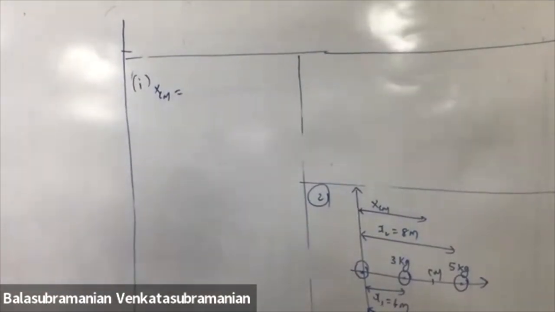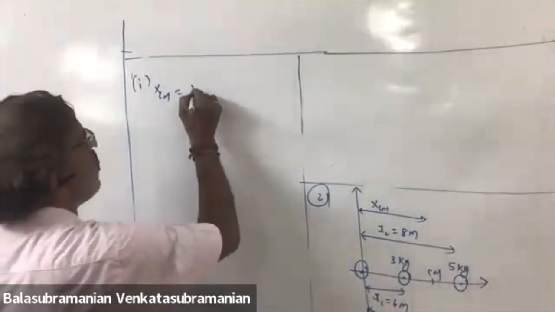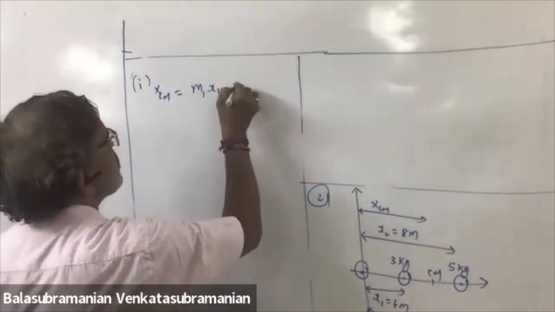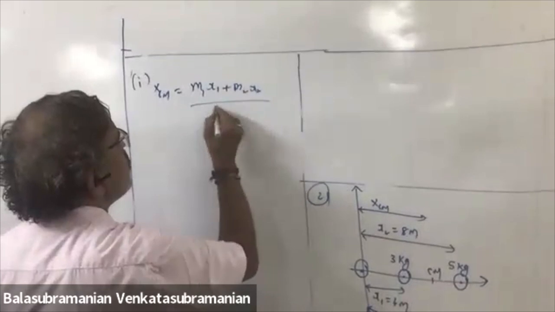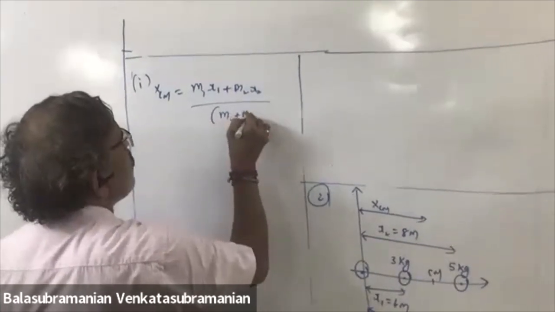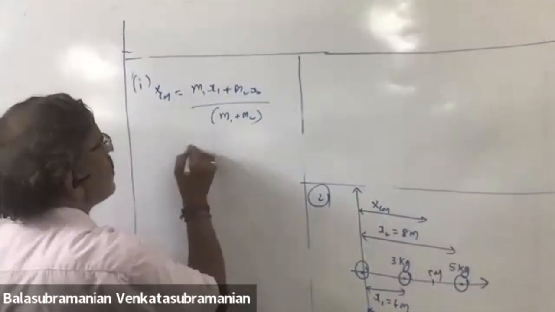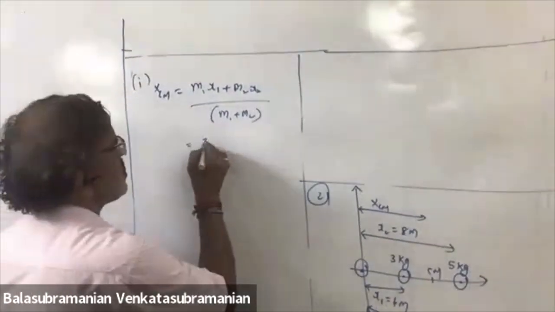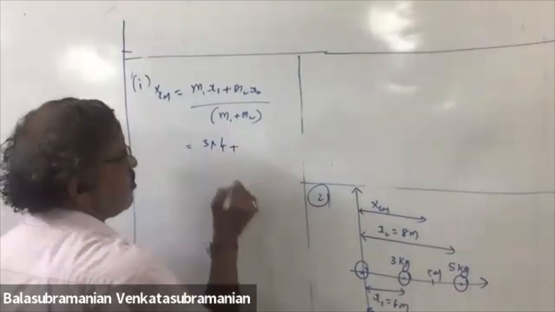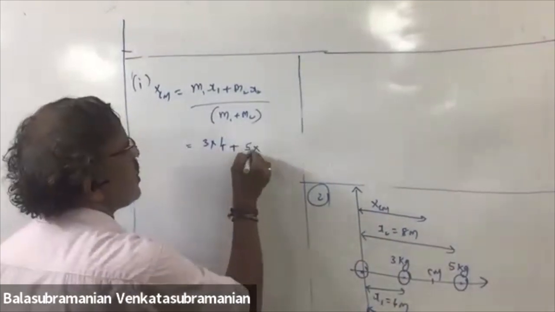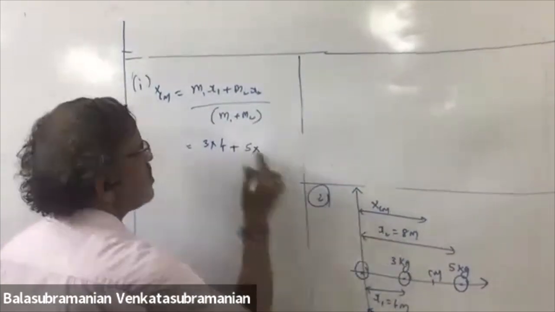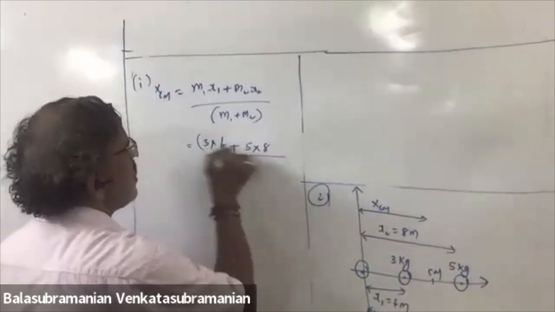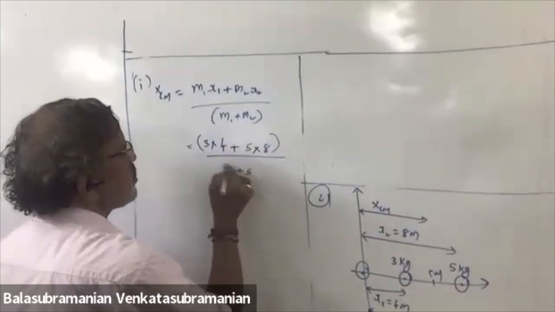What is the formula? (m1x1 plus m2x2) whole divided by m1 plus m2. m1 is 3, the distance is 4 meters, plus the second mass is 5 kilogram, the distance is 8 meters, divided by 3 plus 5.